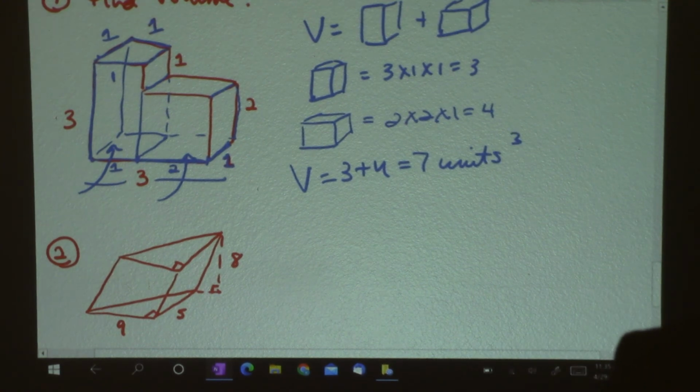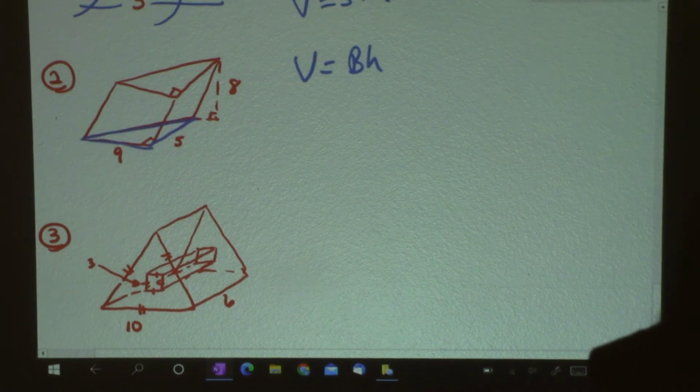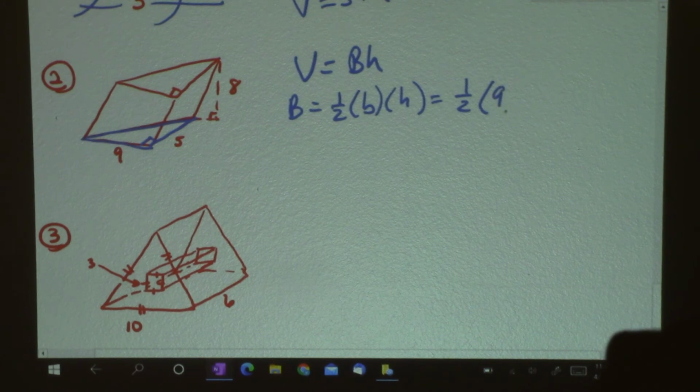Okay. So down here, number 2, I've got the volume is the base area times the height. What's my base? My base is a triangle. 1/2 base times height. So I have my right angle right there, so it's going to be 1/2 times 9 times 5, which is 22.5.